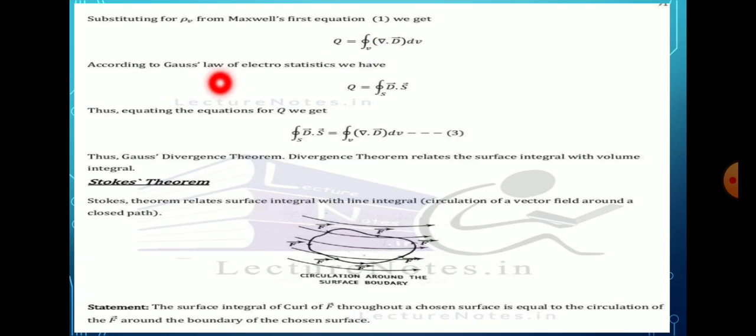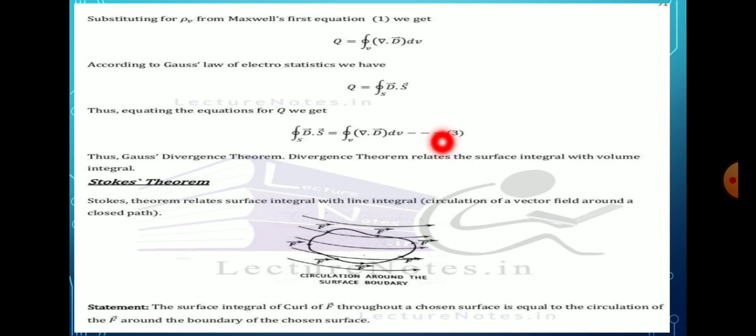Then according to Gauss law of electrostatics, we know the equation: Q is equal to the closed integration over the surface S of D bar dot dS bar. D bar is the flux density, S is the surface.